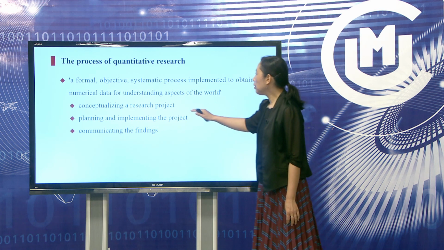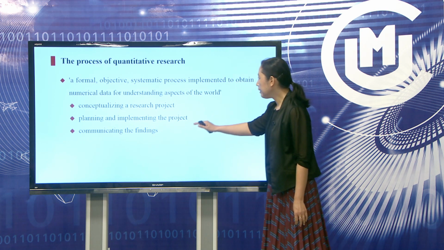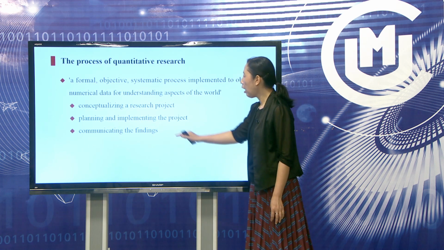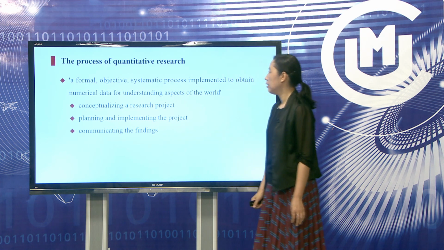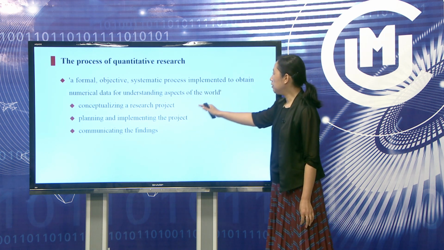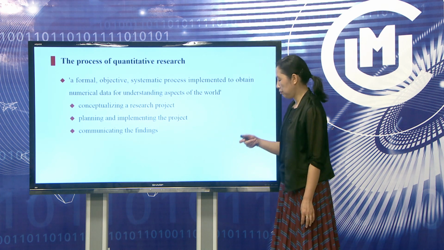So we need to conceptualize a research project, plan and implement the project, and also communicate the findings. Usually for quantitative research, we have these major steps, a major process to follow.